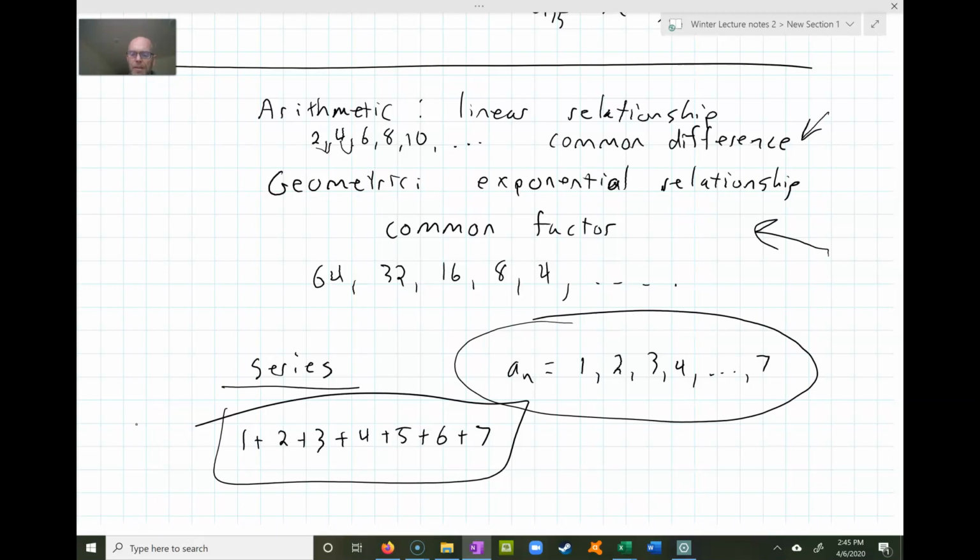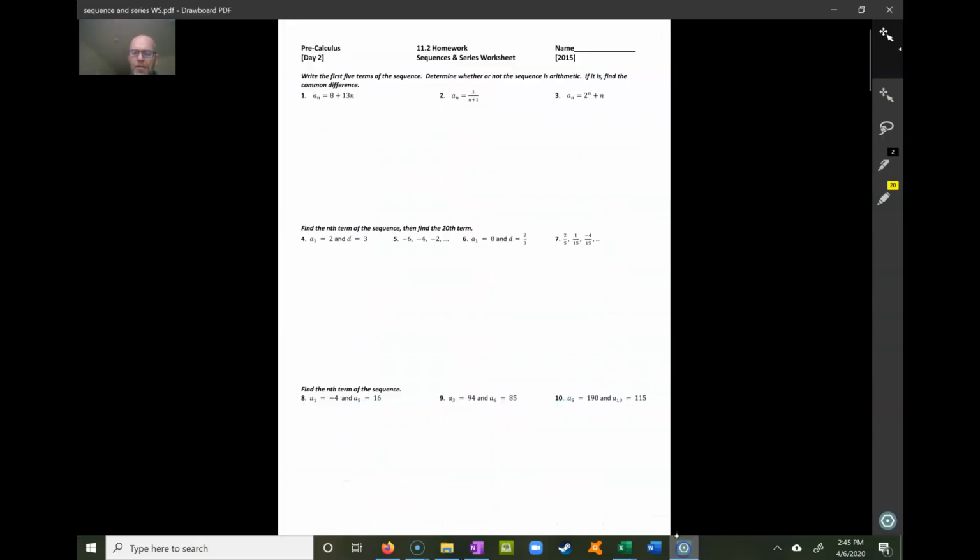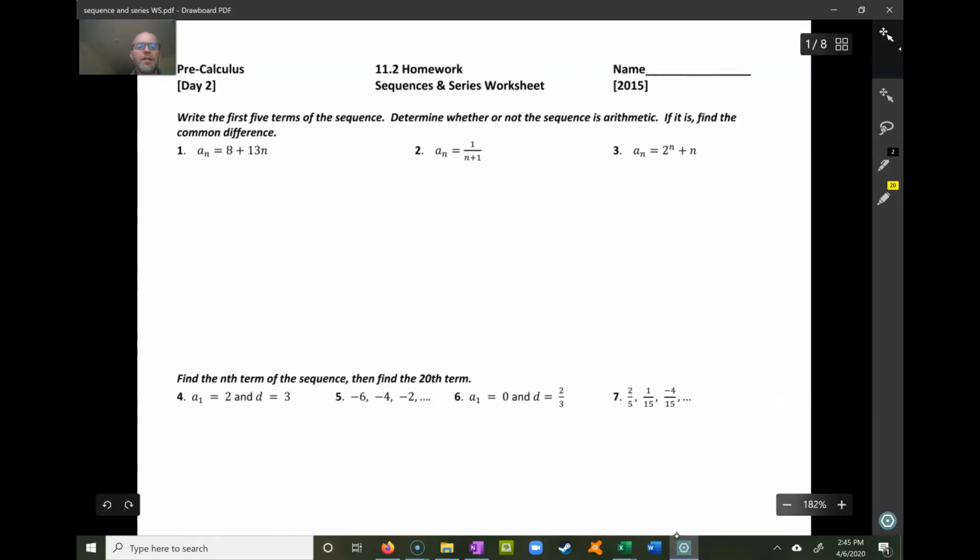Okay, let me take a look at a couple of examples here. So here it says, write the first 5 terms of the sequence, determine whether or not the sequence is arithmetic. If it is, find the common difference. So the first 5 terms of the sequence, you can tell this is an explicit formula. If I put 1 in there, that would be 8 plus 13, which would be 21.